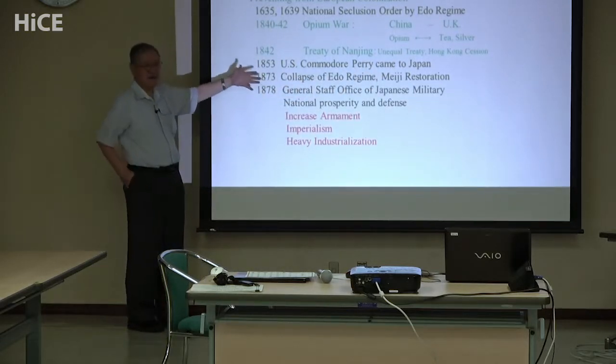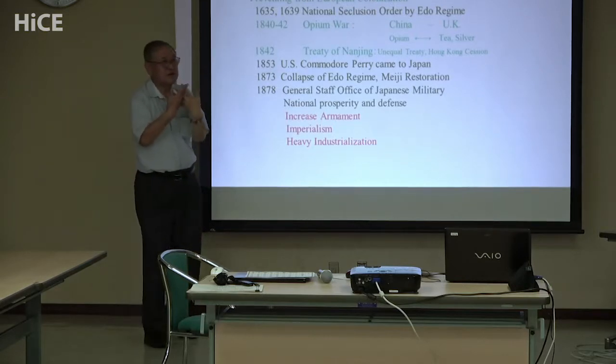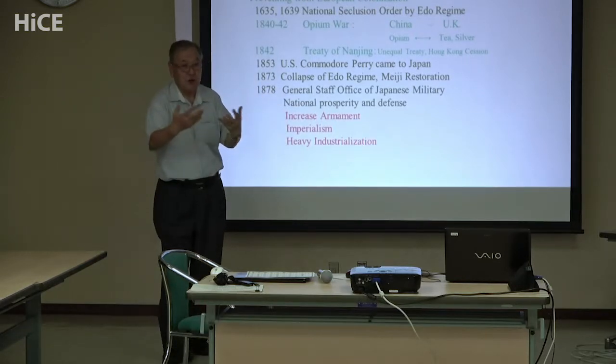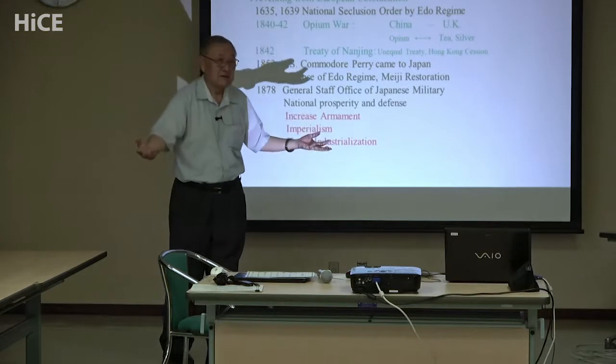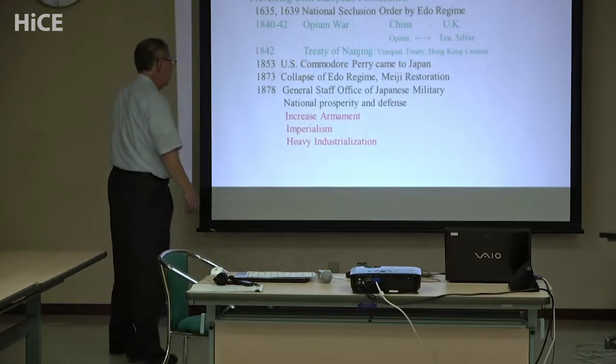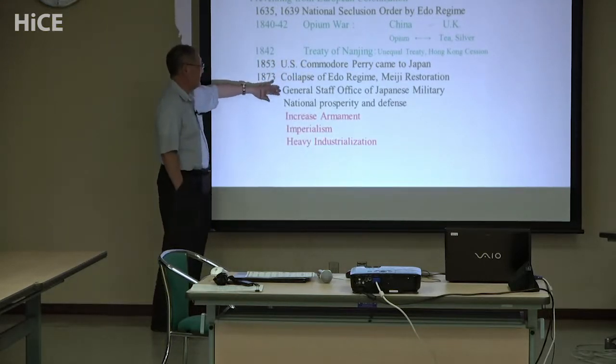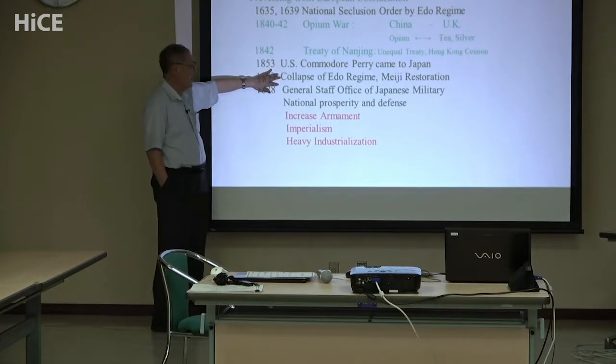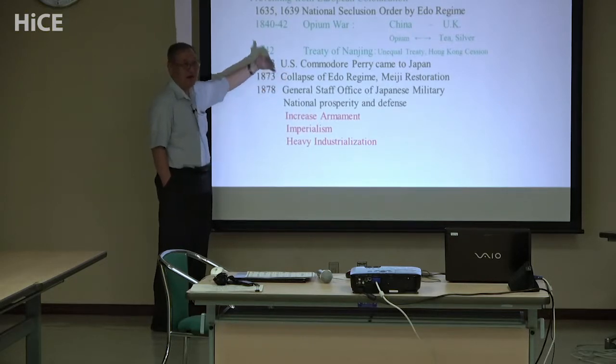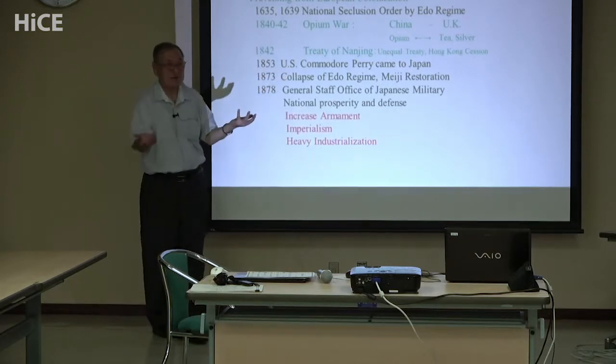And the Meiji Restoration came, and opened the door to Western countries. And also, not only the US, but at that time the Russian people came to Japan to open. Okay?